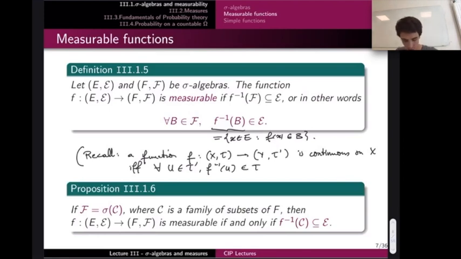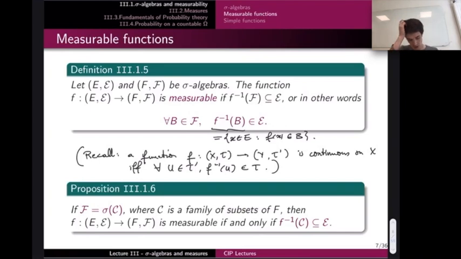So f minus 1 of u is an open set of X. Okay, that was the definition of continuity. So now you see how much it looks like measurability, except that here measurability is usually, for instance for the Borel sigma algebras, the measurable set, the sigma algebra, sorry, is much bigger. So in a sense, it's easier to be in calligraphic E.